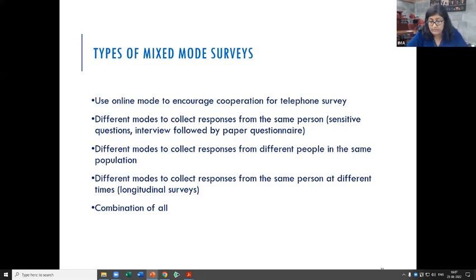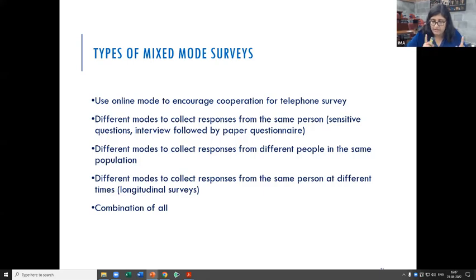You can also use different modes to collect responses from different people. In the IISM food outlet survey, students and faculty have access to the internet. But contractual workers do not have access to internet all the time or not at all. They still go and get their food. In that case, you have to do an in-person survey or a paper survey.